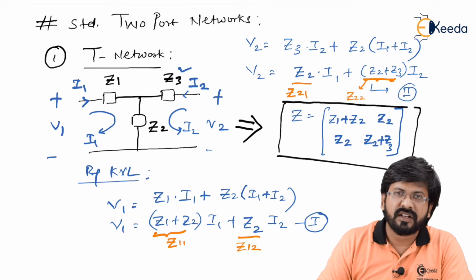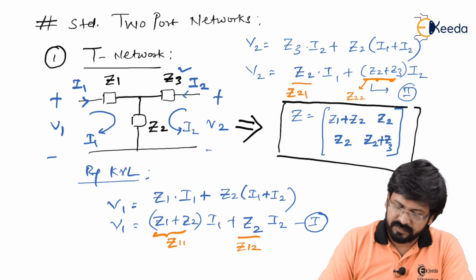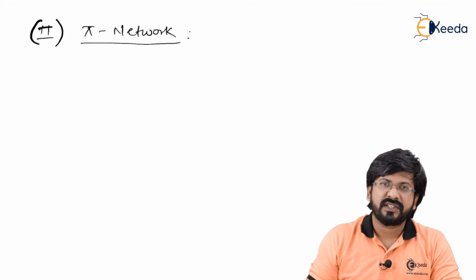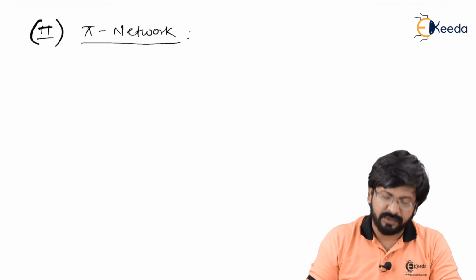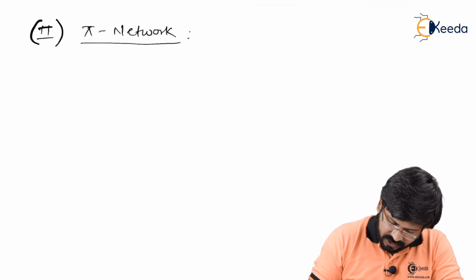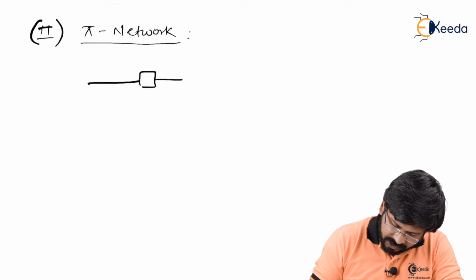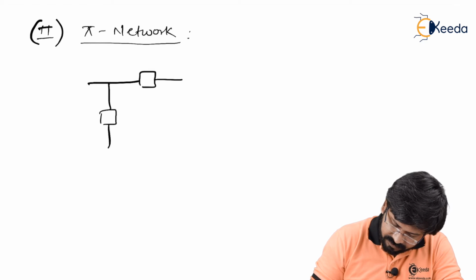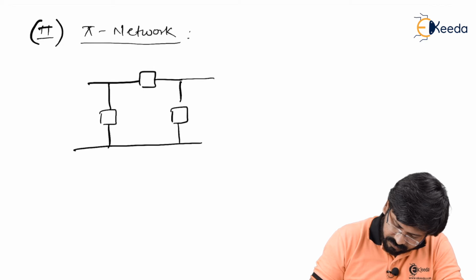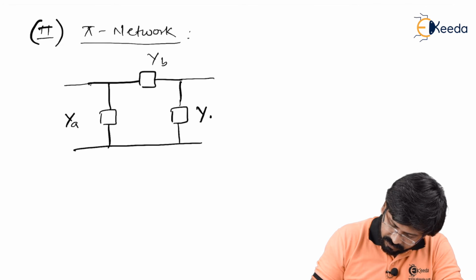Let's go to another standard circuit called the pi network. Let's start with the second standard two-port network, which is the pi network. As the name implies, it actually looks like pi. You can see in the diagram. But here the elements are YA, YB and YC.